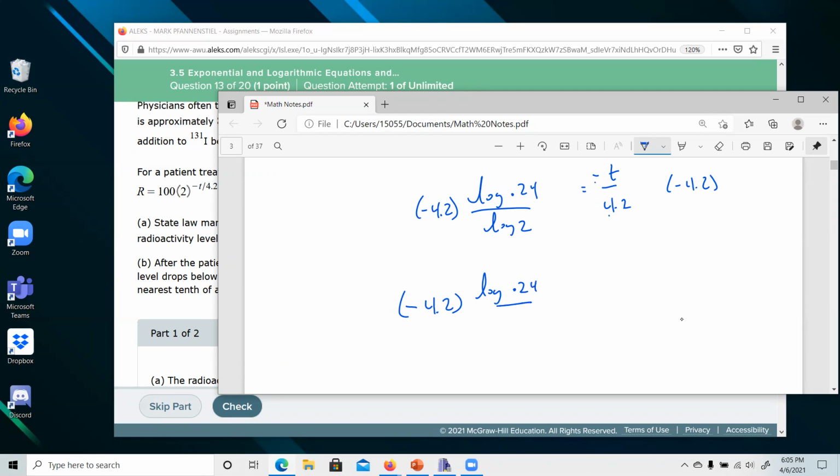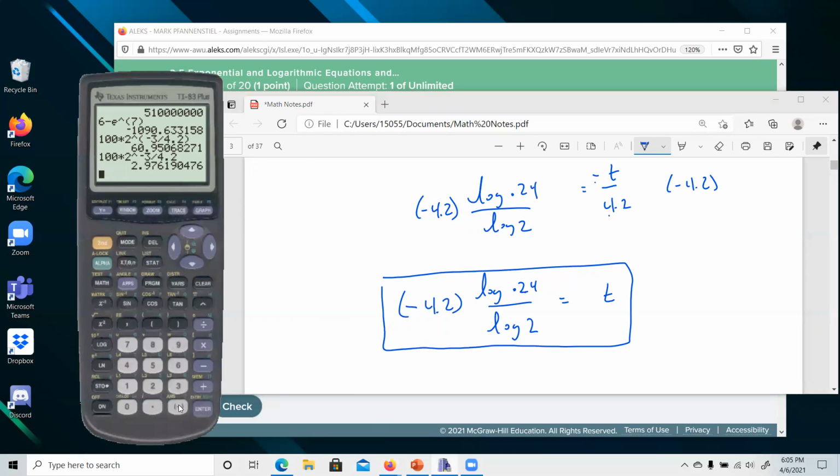I can hear you now. You're like, wait a minute, shouldn't this be negative? This is under 1, right? Anytime you take a logarithm of something that's smaller than 1, you're going to get a negative number. So that's going to work out okay. Let's see what that turns into, carefully.